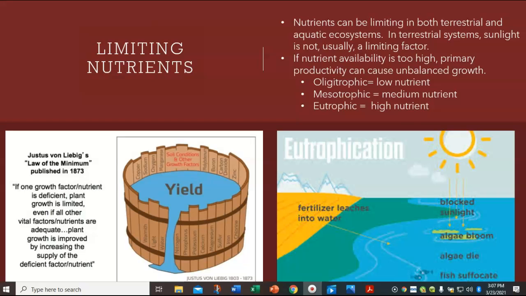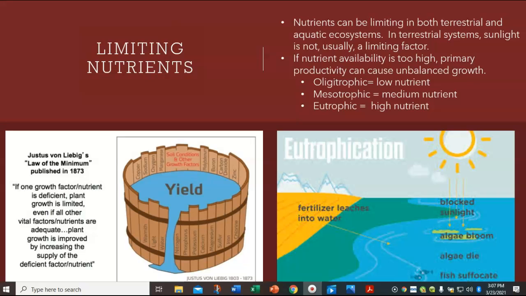So what's going to happen? They're going to grow really fast. We know that plankton can grow faster than regular plants, right? They can double every few hours. And so suddenly we've got an algal bloom. When we have high nutrient conditions, we call that eutrophic conditions.